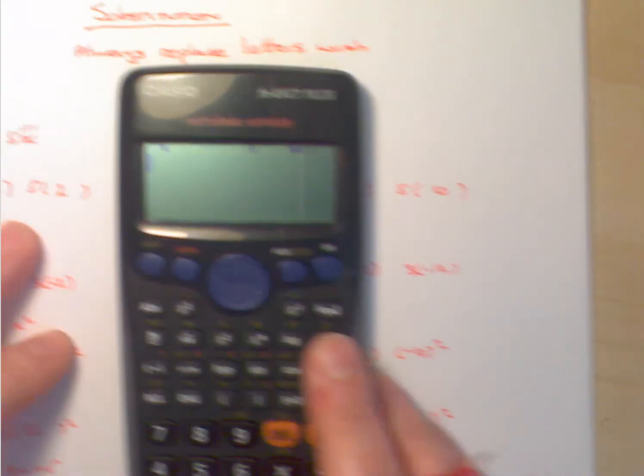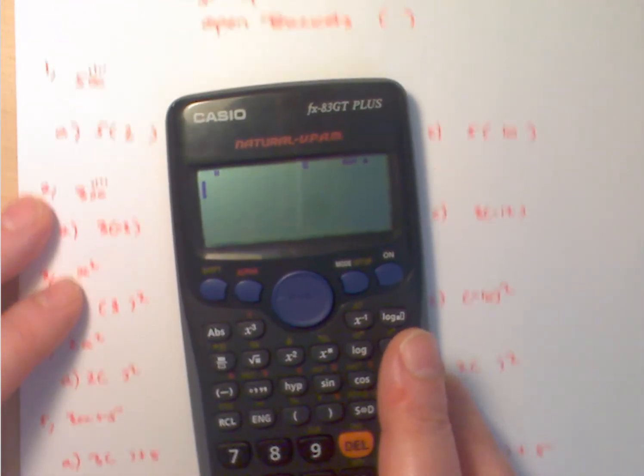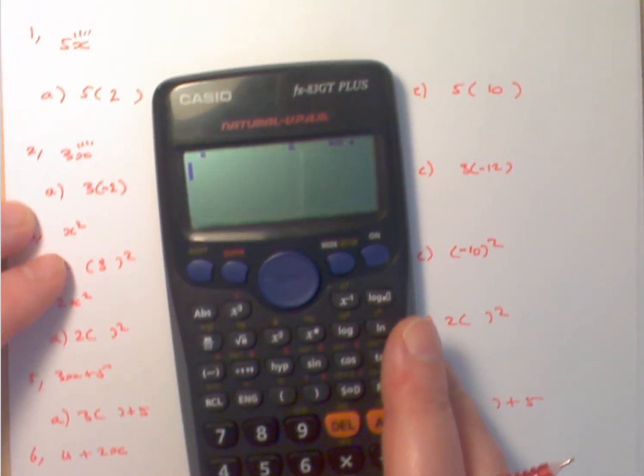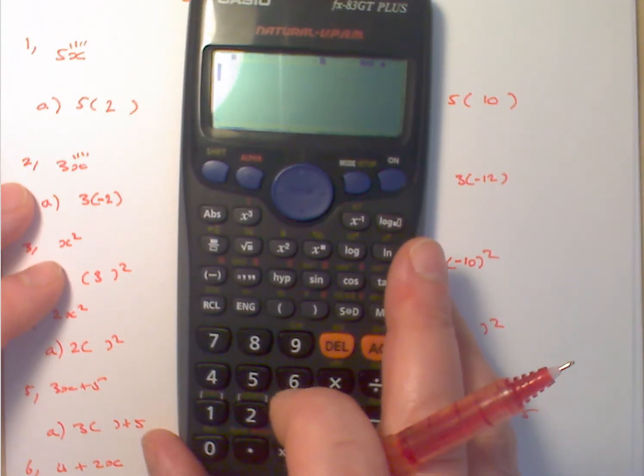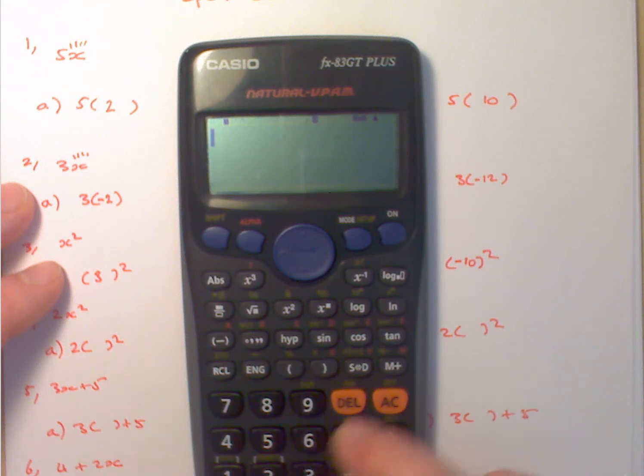If you use your calculator effectively, I'll just make it so you can see the calculator. It's not always easy to do that. So there we go, I think that's probably best. So I've just done 5 open bracket. You can see that I'm ready to receive some numbers. They wanted 2 in the first one, so that's 10.